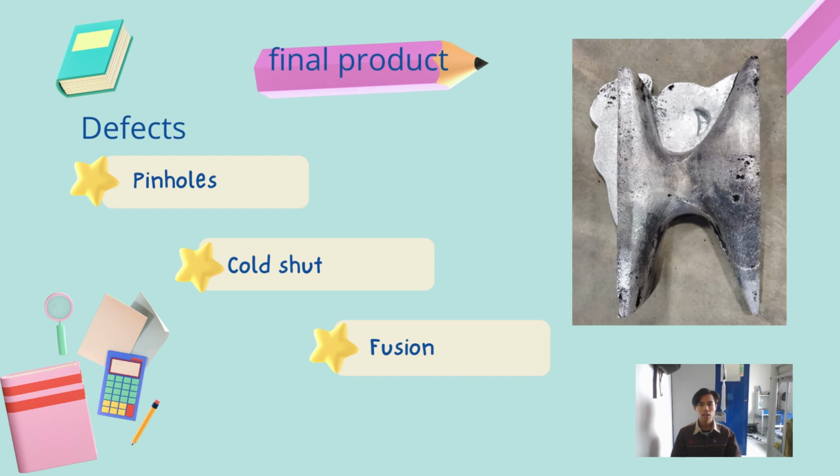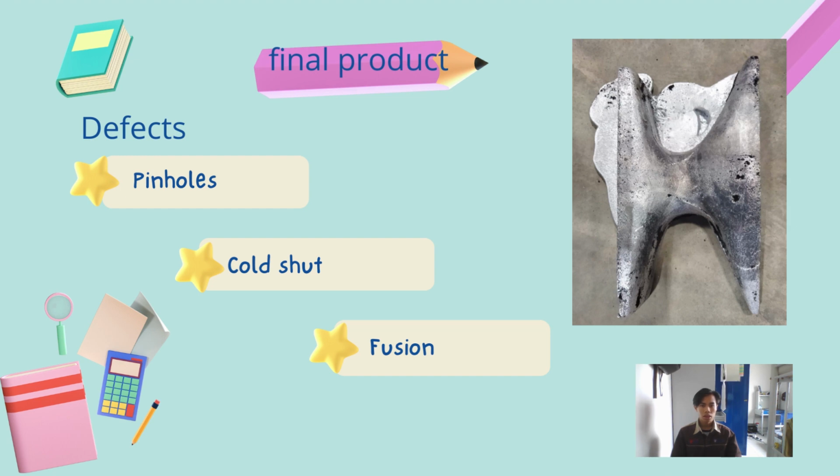Fusion is the last defect we can see on our workpiece. For your information, fusion is a sand casting defect in which sand grains fuse with the metal flow, resulting in a rough, glassy and brick-like look attached to the casting.